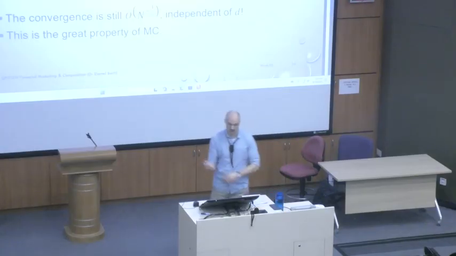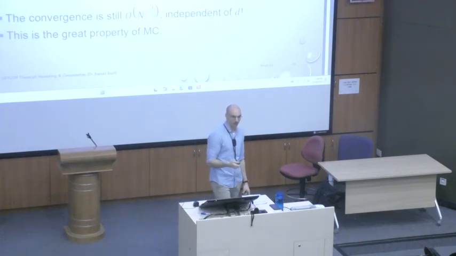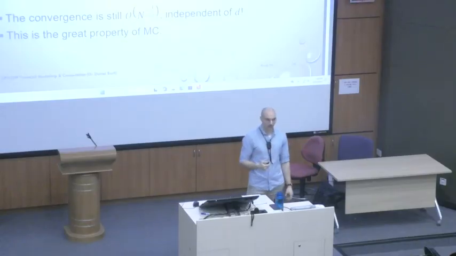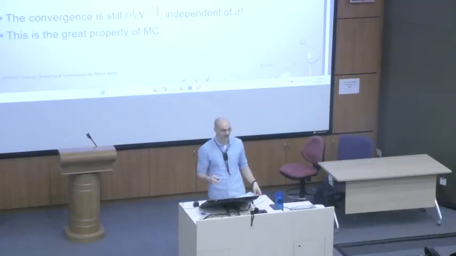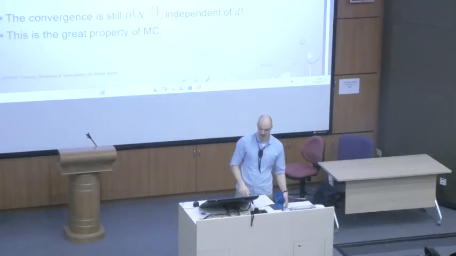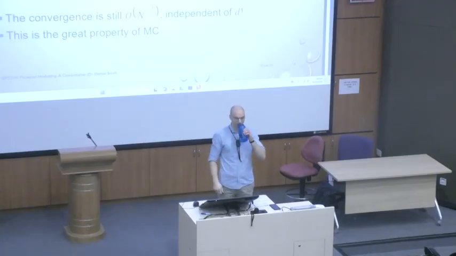If I had asked you at the very beginning of this lecture to give me a method that integrates a d-dimensional function with very few points, probably the people that have seen Monte Carlo methods would give me an answer, but I would be surprised if the majority of you would come up with this idea. I wouldn't probably.